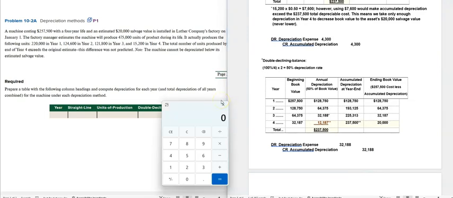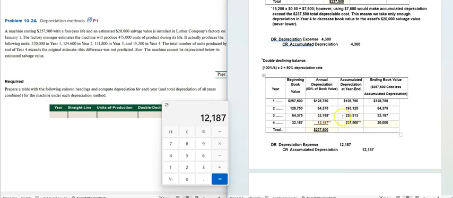We want the book value to go from 32,187 to 20,000, which means we need to record $12,187 worth of depreciation expense by debiting depreciation expense and crediting accumulated depreciation.